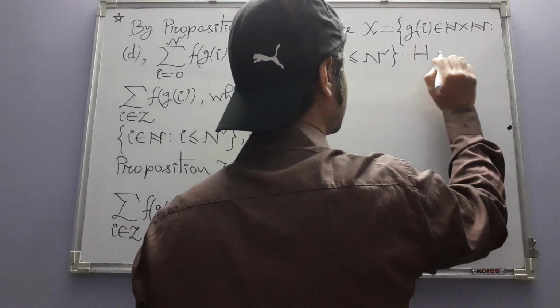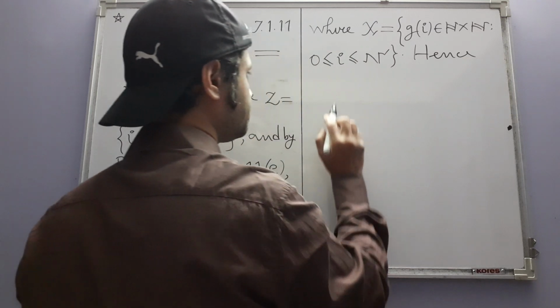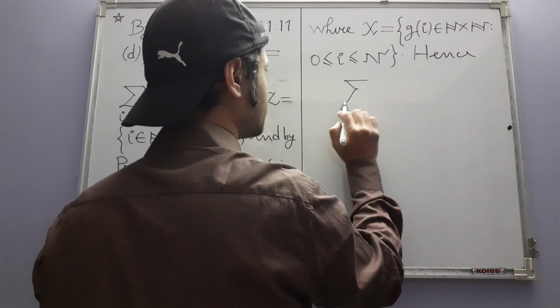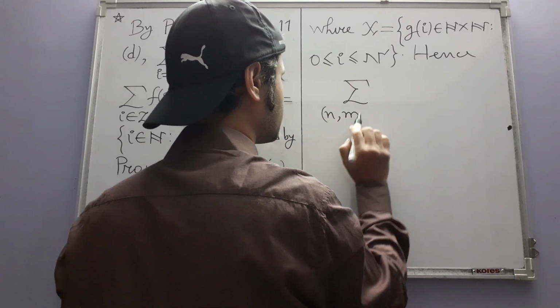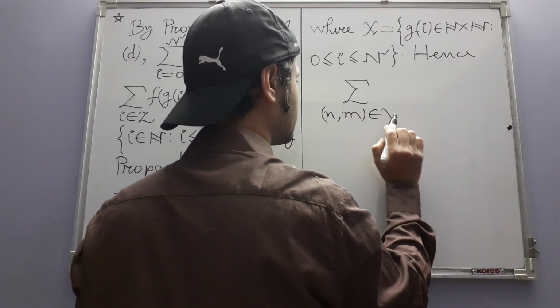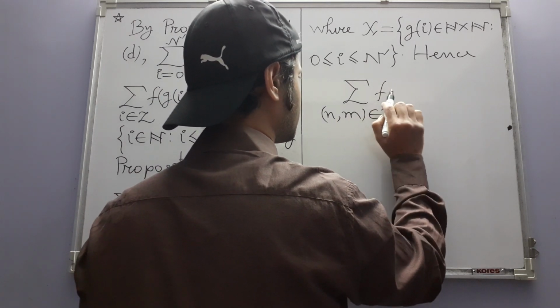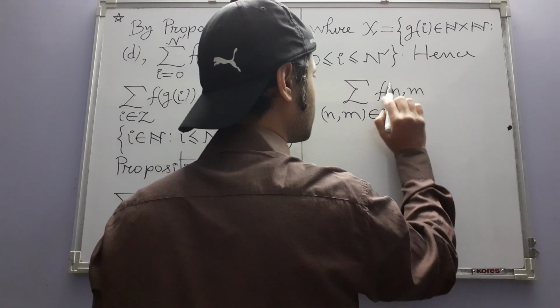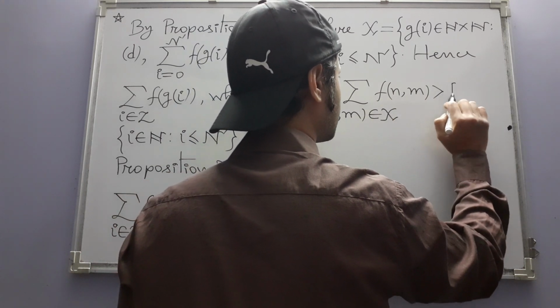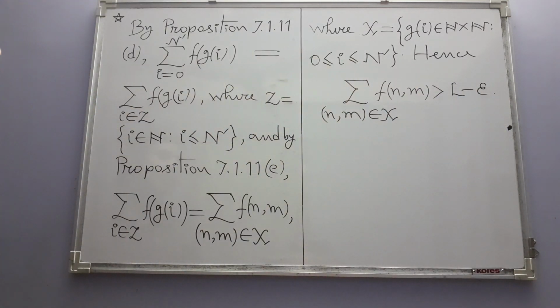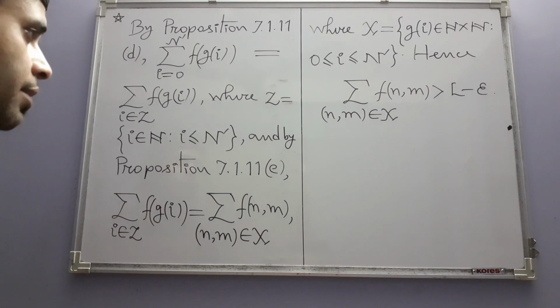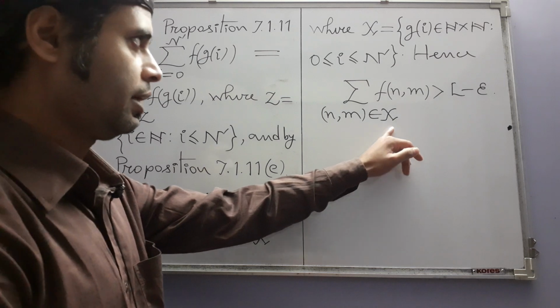Hence this is greater than L minus epsilon. Okay. Now we are going to claim something about the set X itself.